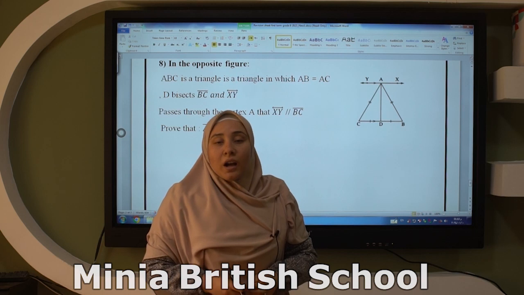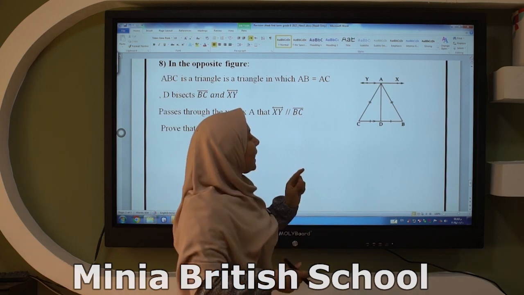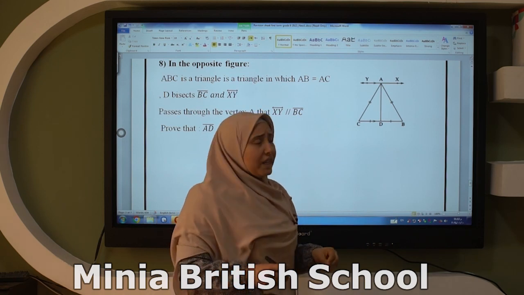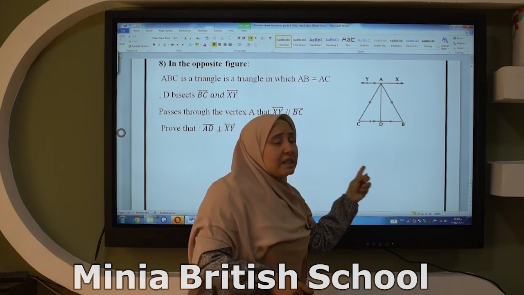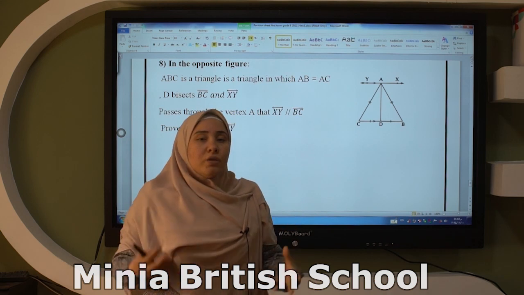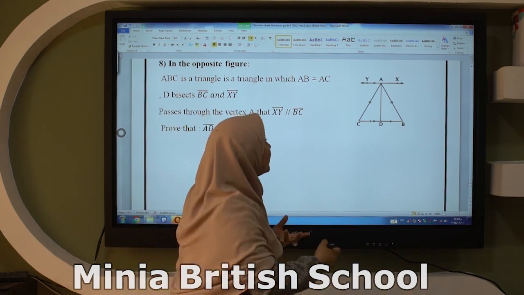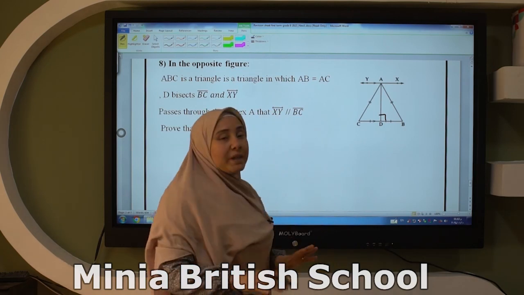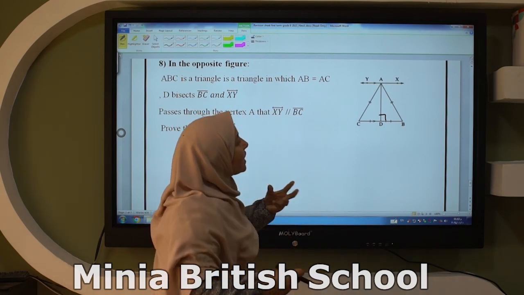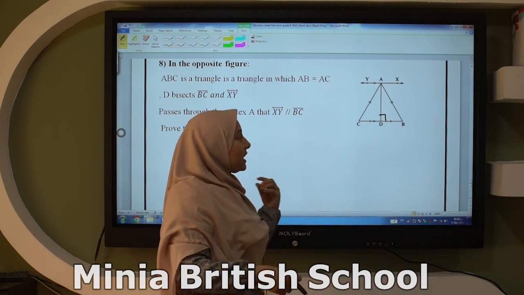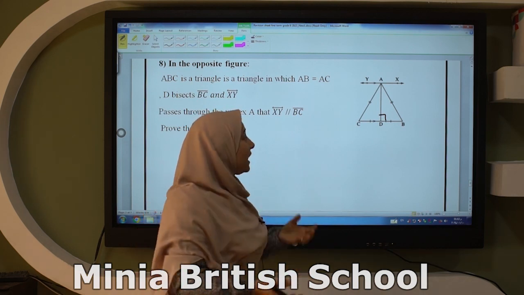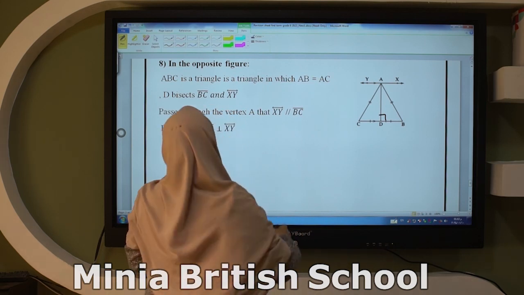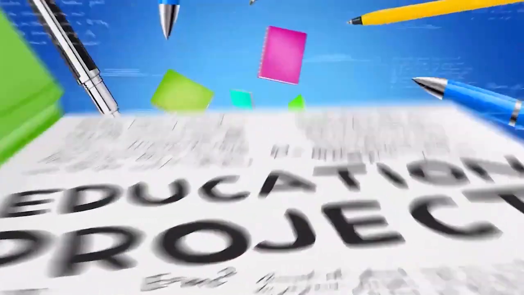Then the triangle is isosceles triangle, and D here is the midpoint of PC. Then DB equal DC. Then you can deduce that AD perpendicular to the base, perpendicular to PC. And since XY parallel to PC, then we can say AD perpendicular also to XY.